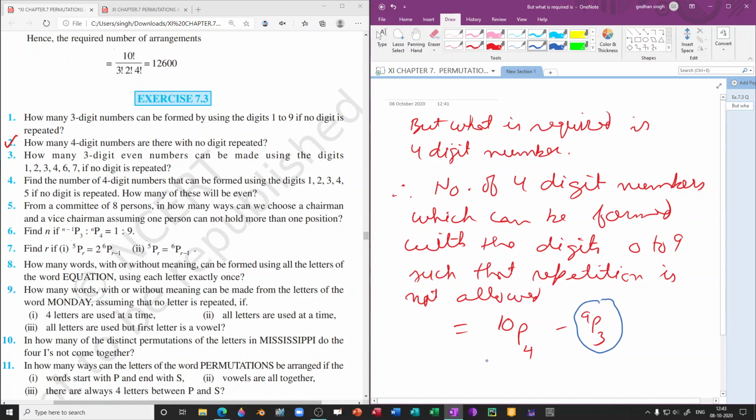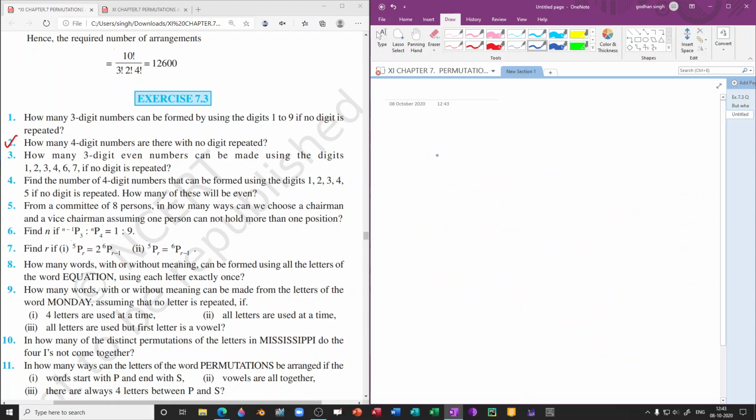We'll just simplify it and see what we'll get. Applying the formula, 10p4 is 10 factorial over 10 minus 4 whole factorial, minus 9p3, that is 9 factorial over 9 minus 3 whole factorial.